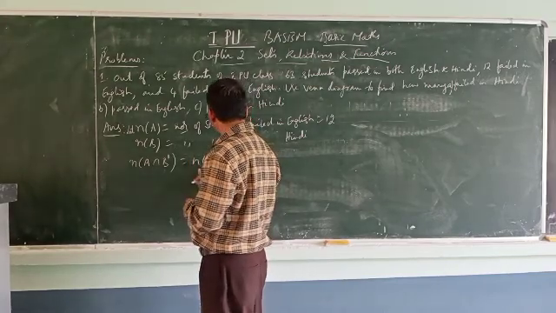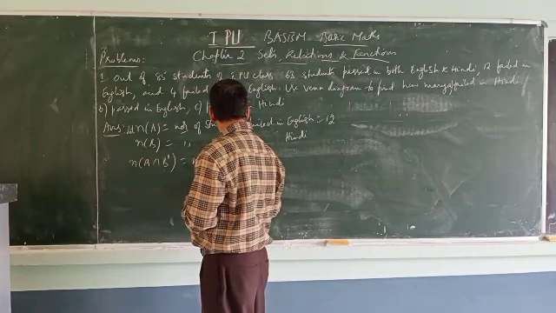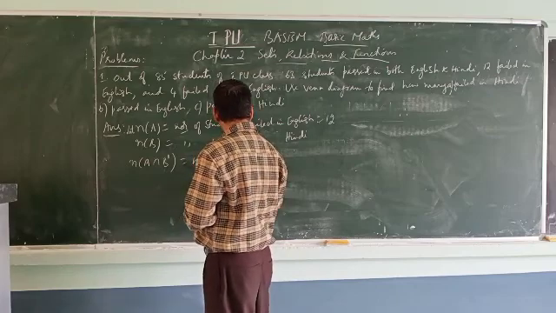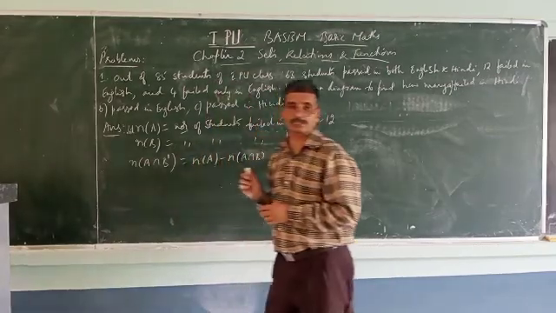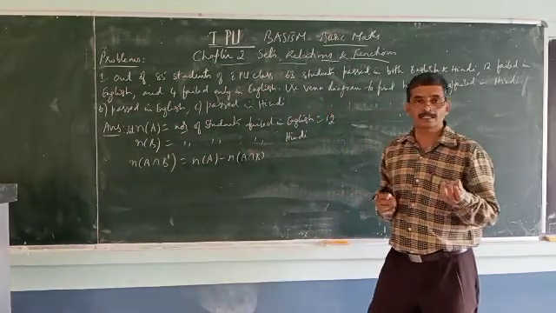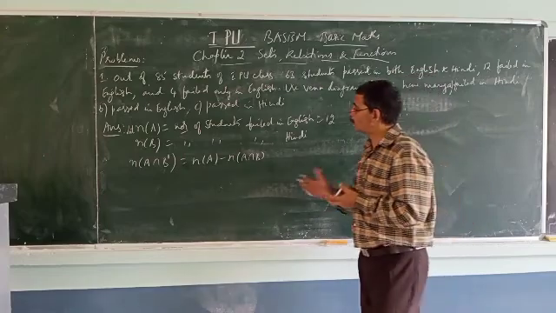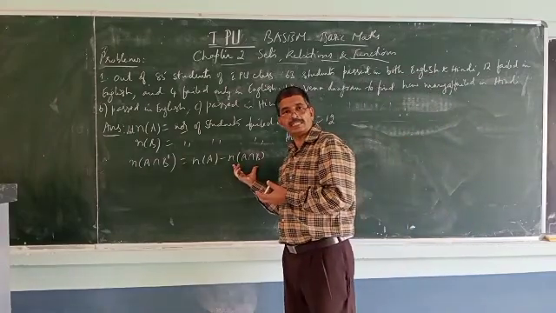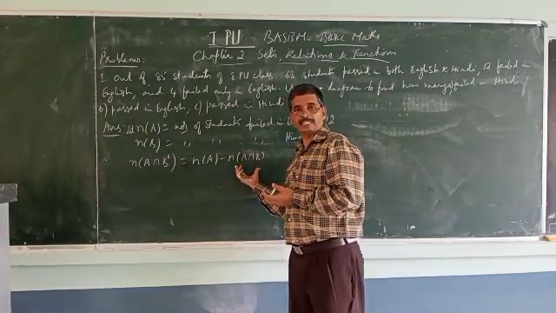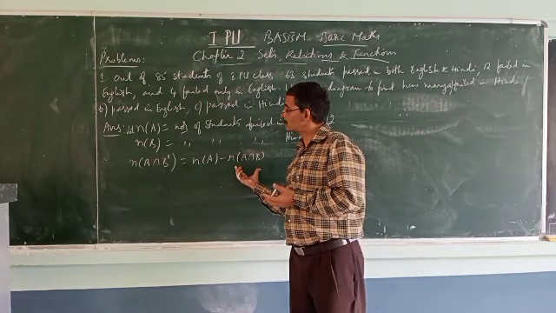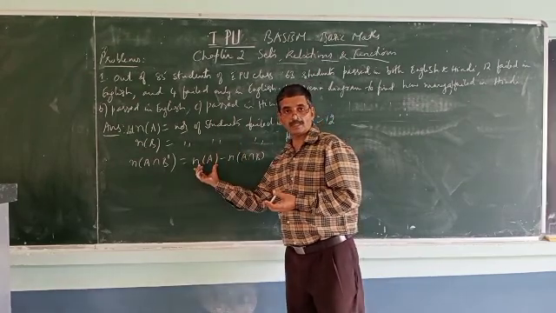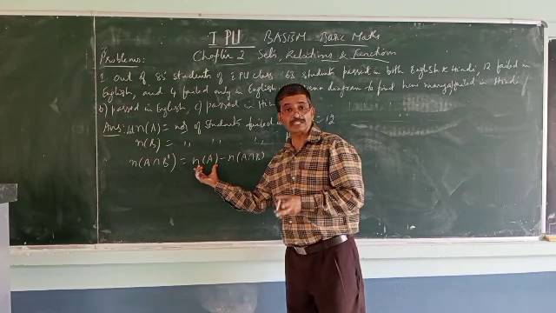So they have failed in English but not in both. N of A intersection B is the number of students who failed in both A and B, that is English and Hindi. So I am removing those who failed in English as well as Hindi from the number failed in English.